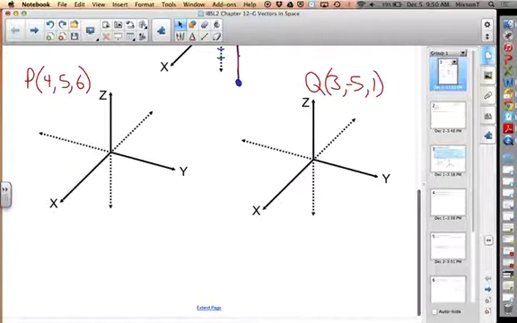If you label it, I don't mind. I just don't want you to get confused when we do other stuff. Is this the standard way we're going to do it? That's going to be the standard way we do it. You might see some sources switch the X and Y axis. They'll have the Y going this way and X going this way, but this is the accepted way of doing it.